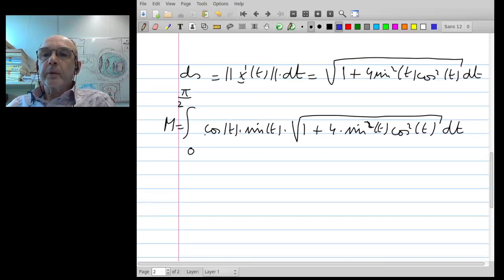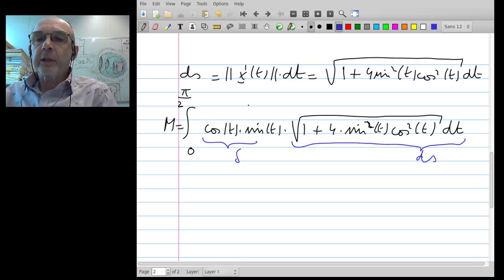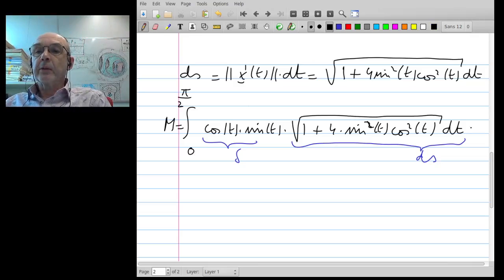So here you have your mass density, and this term here is your ds term, and that we have now filled in with our parameterization, and now we can go to calculate. It is a long calculation, but okay, we can do it.